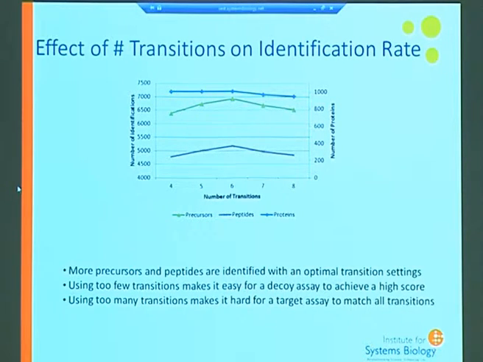If they had fewer ions, then I haven't looked at those peptides. Using too few transitions makes it easier for a decoy to be a match. So 3 ions to randomly appear and randomly get a good peak group is more likely than 6. And if you use too many, it's harder for an actual target assay that all of the transitions are observed.